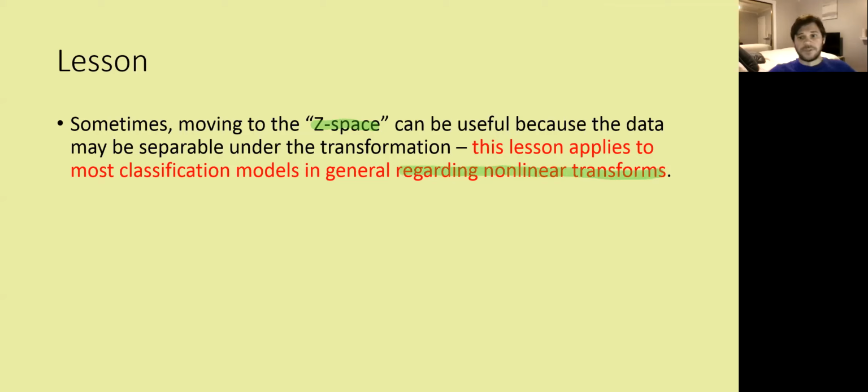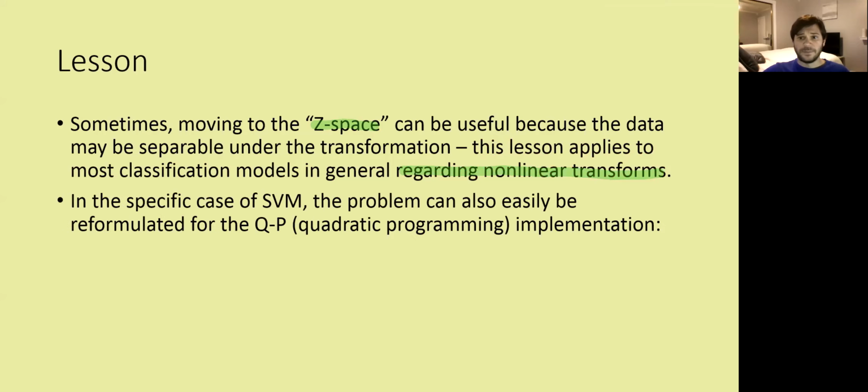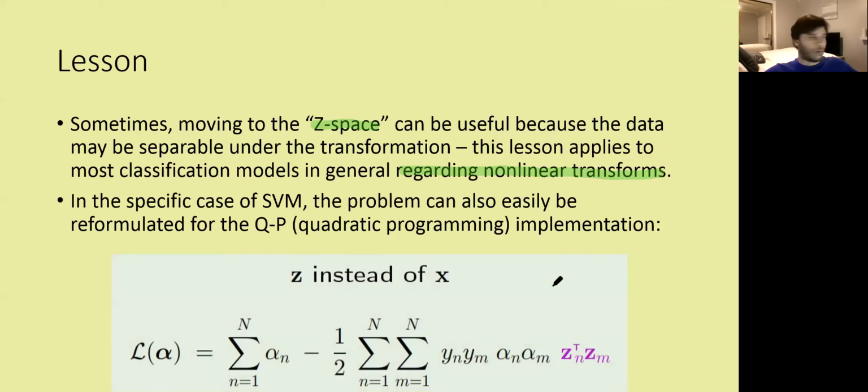Sometimes the problem is easy to solve after transforming it, but it was not easy to solve in the original form. In the specific case of the SVM, you can also reformulate that quadratic programming problem fairly easily, where the z values show up instead of the x's. So it's pretty easy to run that transformation. It doesn't make the math that much more complicated. If you're interested, take a look at the programming formulation details there.